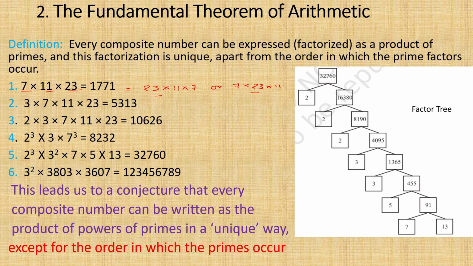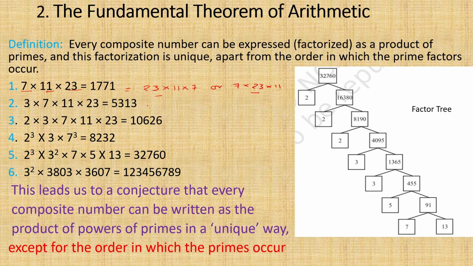No other prime factors exist. That is, this factorization is unique apart from the order in which the prime factors occur. The numbers can be written in any order, 23 first, 7 last, or 7 first, 11 last, but the factorization is always unique.